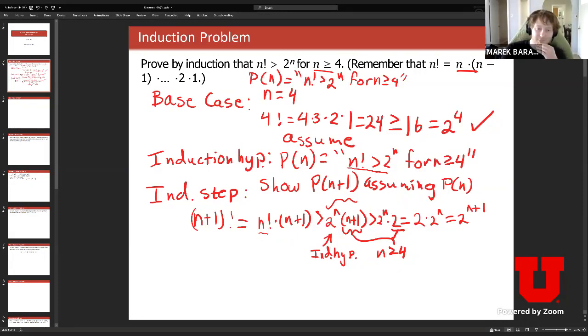So we have 2 to the n times n plus 1. And this right here is greater than 2 because n is greater than or equal to 4, right? So this is at least 5. So we can say this is greater than 2 to the n times 2.